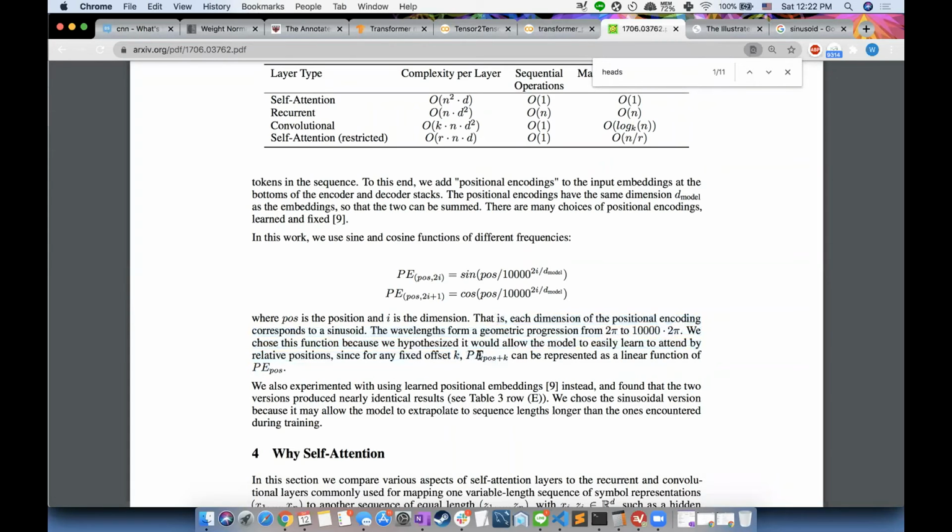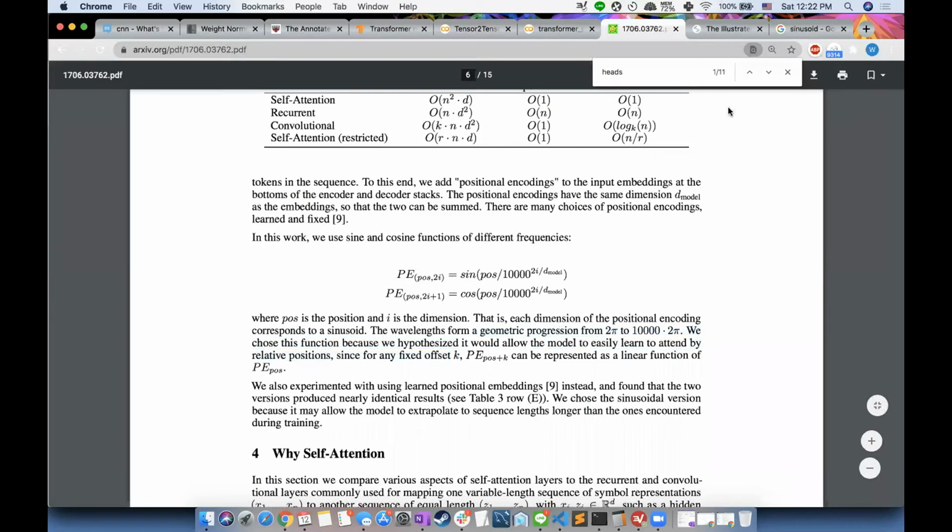I had a hard time understanding what this means, but it seems like it provides a geometric progression. And I guess that corresponds to what the previous person was saying.